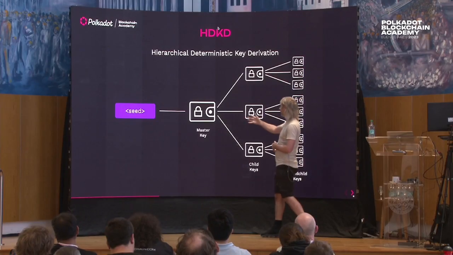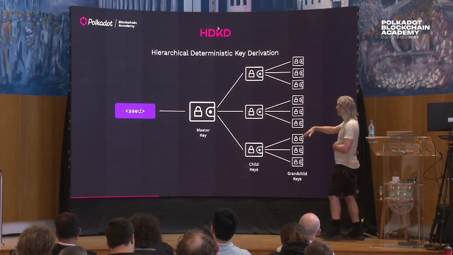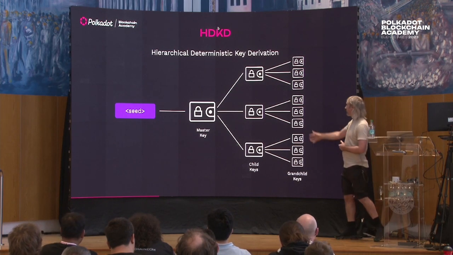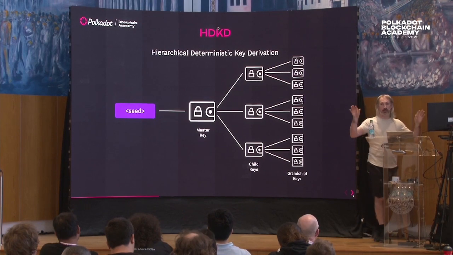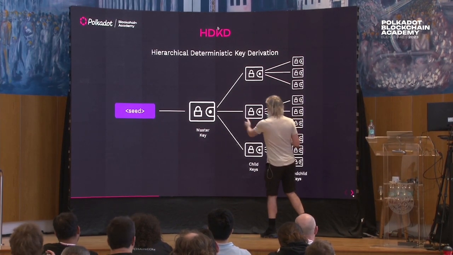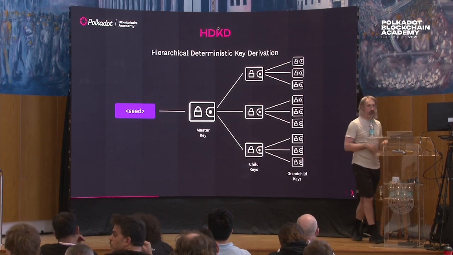We can derive them recursively. We have mechanisms for doing this. And as such, we can turn it into a hierarchical kind of path. From a path and a seed, we can derive a new key.